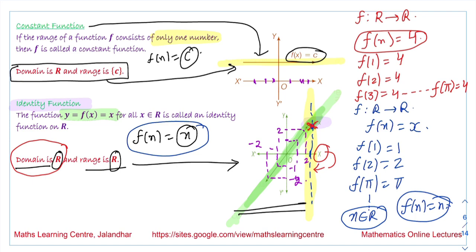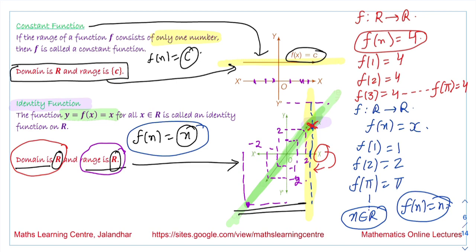Next, from this graph it is clear that we can obtain any value of y. For any value of y, if we draw a line, we will get the corresponding value of x. So the range of this graph is also R, that is real numbers.